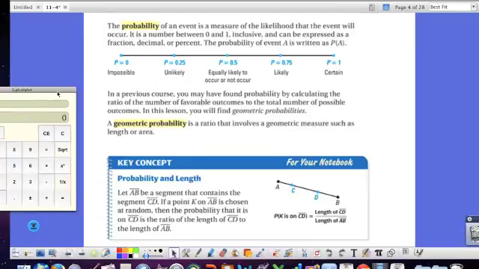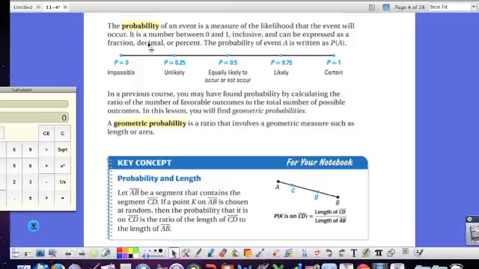A bit of probability review here. Probability is not on the EOC, but we can go through some of these problems and do that quite easily. The probability of an event is the likelihood that an event will occur, and it's a number between 0 and 1. The closer you get to 1, the more likely, or in this case certain, 100% as a percent, 1 as a decimal.